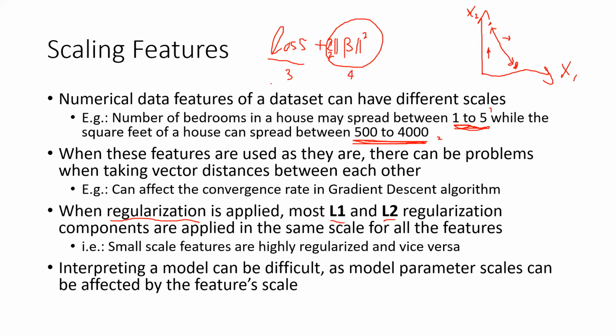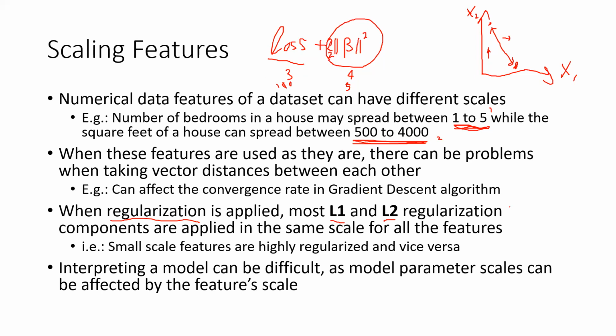If the loss is 100, still you are applying a regularization value like 5 or something, right? That means there's no significant difference between these two variables, because we are applying the same regularization component to the loss function irrespective of the scale.